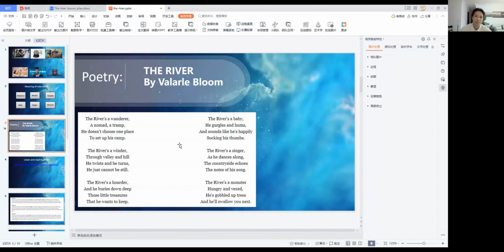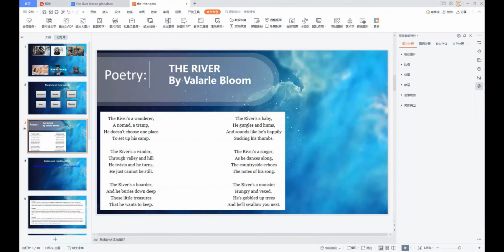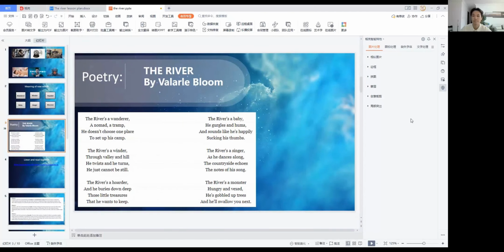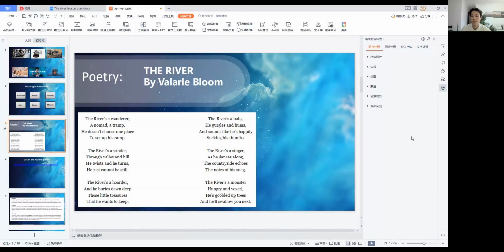Okay. So we can say that from this video, there's a teacher reading this poem to his students, and he's beside a river. With this kind of view and this kind of poem, we can see that he's reading this poem very emotionally.